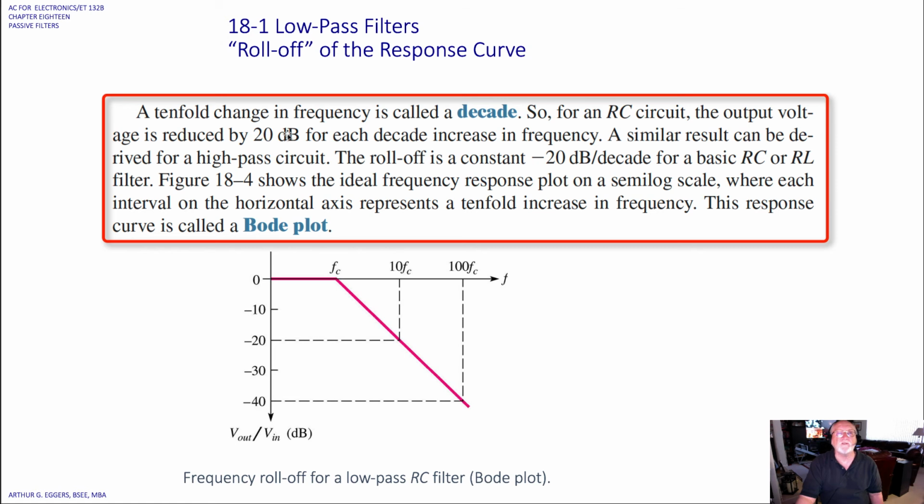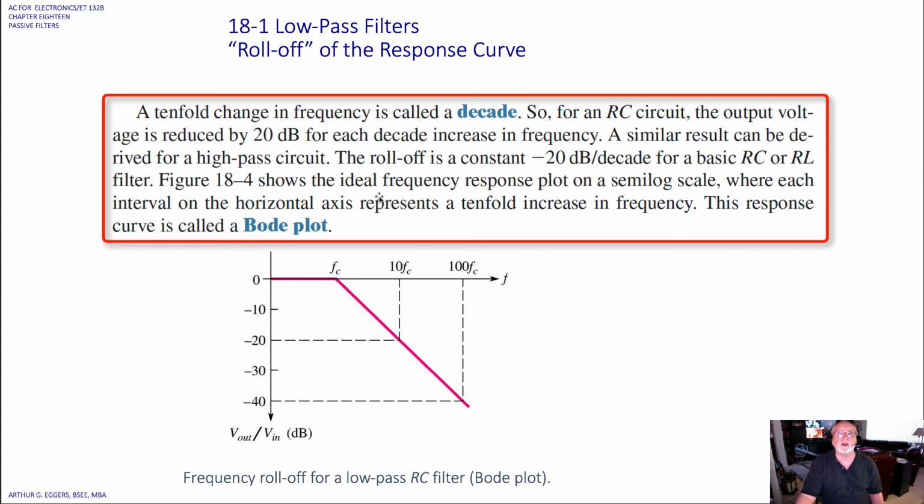So the tenfold change in frequency we call a decade. So for an RC circuit, the output voltage is reduced by 20 dB per decade. For each decade increase in frequency, a similar result can be derived for a high-pass circuit. The roll-off is a constant minus 20 dB per decade for a basic RC or RL filter.